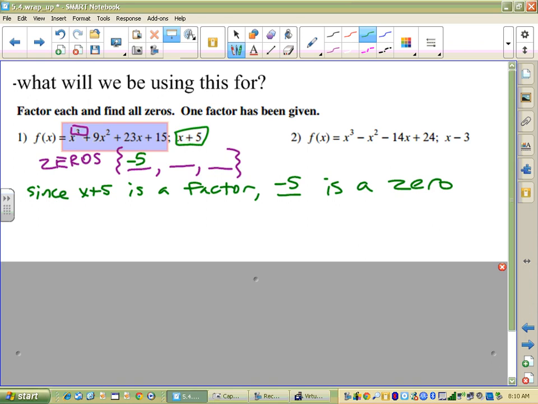Everybody all right so far? Now this next thing, some of you might have seen this, and for the rest of you, this might blow your mind. It's so simple, yet it's so profound.